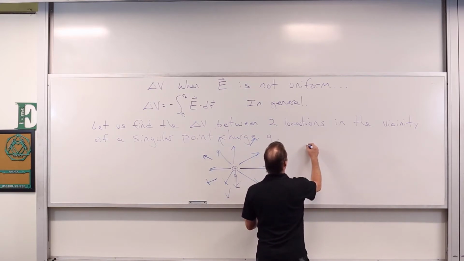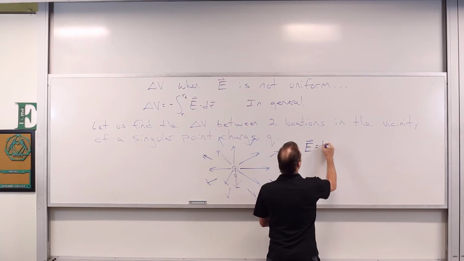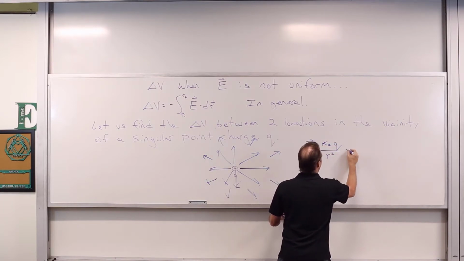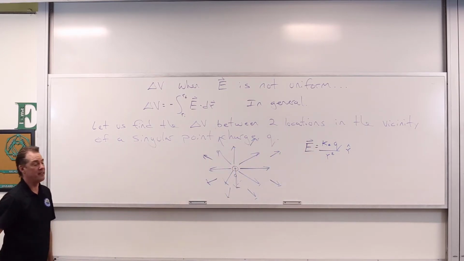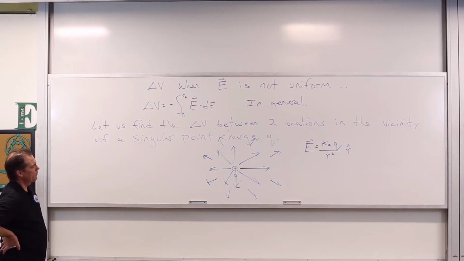So what do we have here? We've got ourselves that E hat is equal to K sub E Q over R squared, and points radially outward, R hat. So there's the correlated vector for the electric field due to a point charge Q. Great. And what can we do with this?